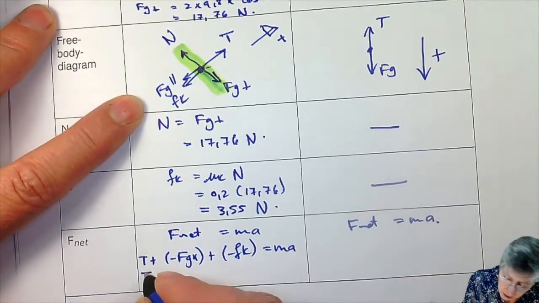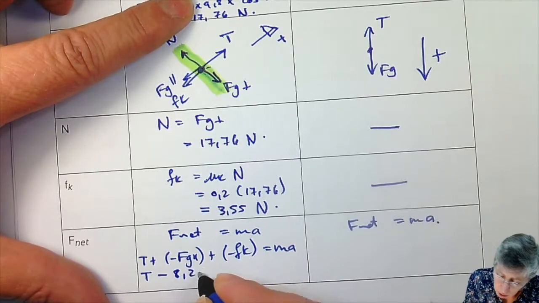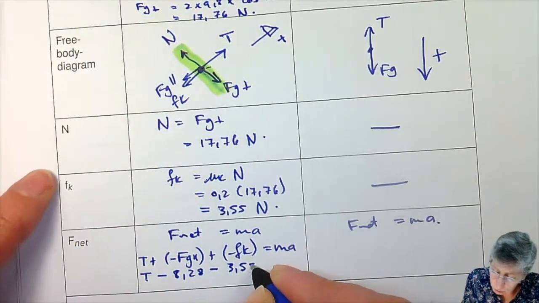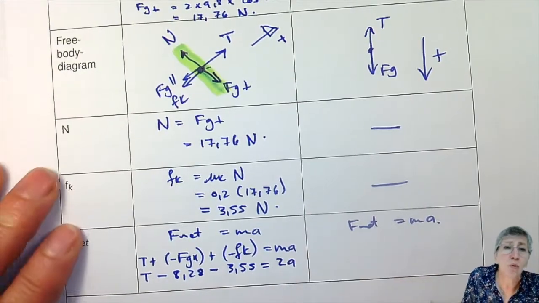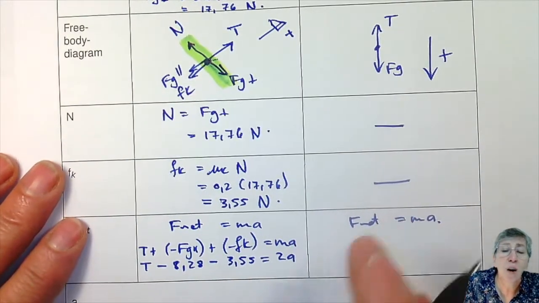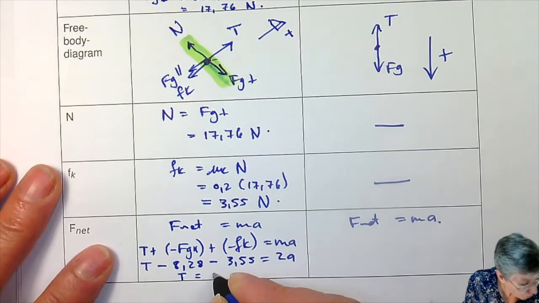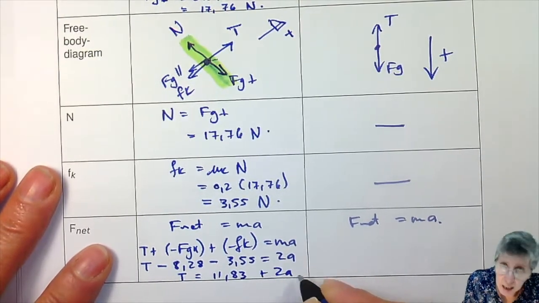So you have T minus that parallel one, we've already worked out 8,28, minus the friction, we've already worked out 3,55, and the mass of this one is 2, and a is also unknown. So I've got two unknowns, but I've got a second object to work with. So let's just write T equals, and that will be 11,83 plus 2a.